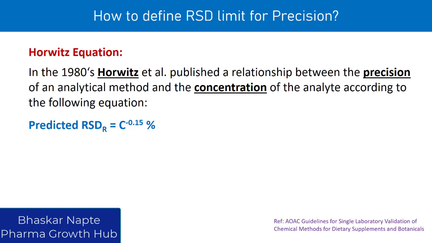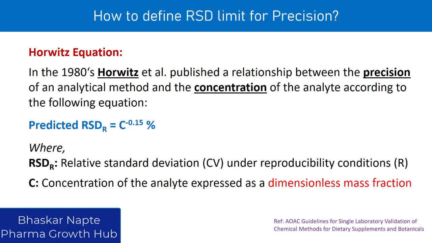Let us now understand what is the meaning of RSDR and the C. So RSDR is nothing but the relative standard deviation or coefficient of variation under the reproducibility conditions, or you can also refer to it as repeatability conditions, which we generally perform during the precision study. And what is the meaning of C? It is the concentration of the analyte expressed as dimensionless mass fraction.